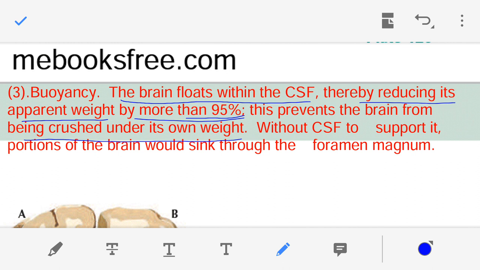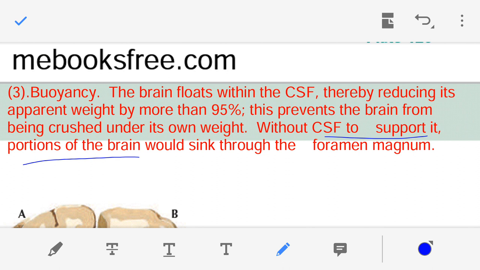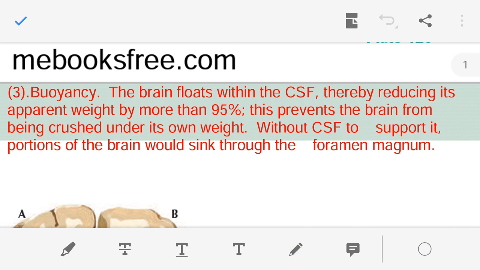Now one more thing, without the CSF support, it is also possible that a portion of the brain would sink into the foramen magnum. Some part of the brain will enter into the foramen magnum.